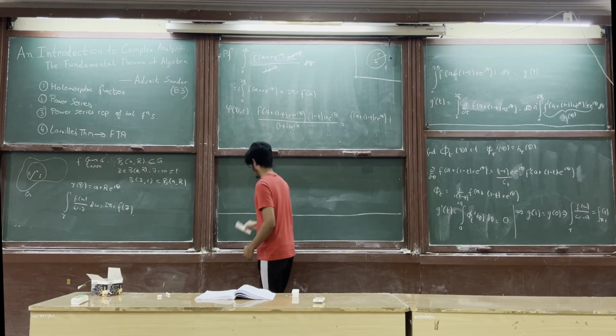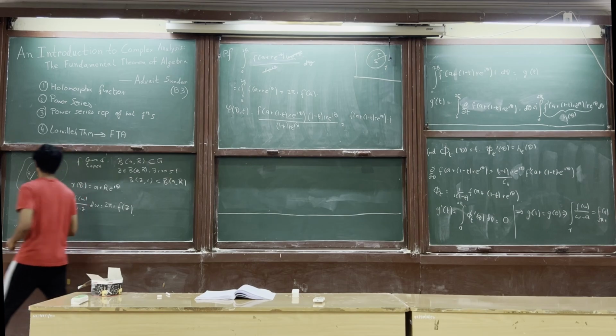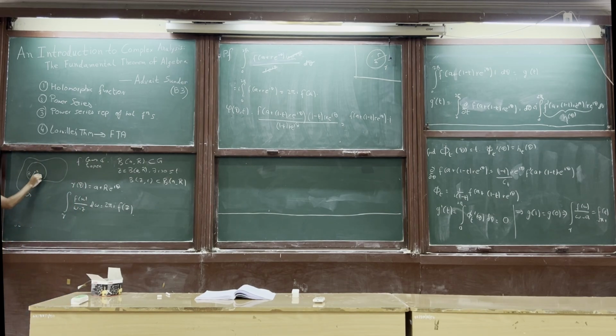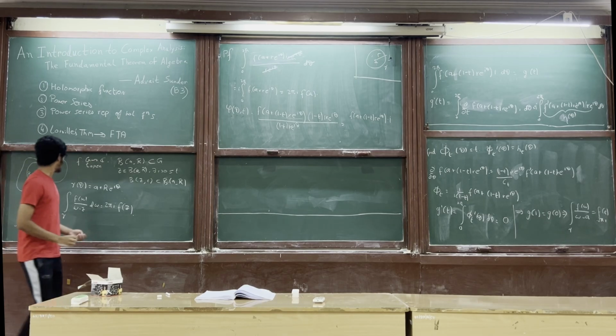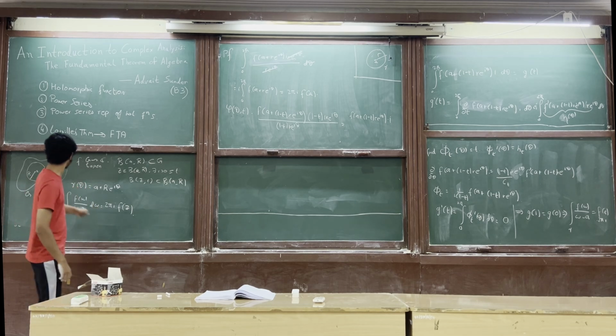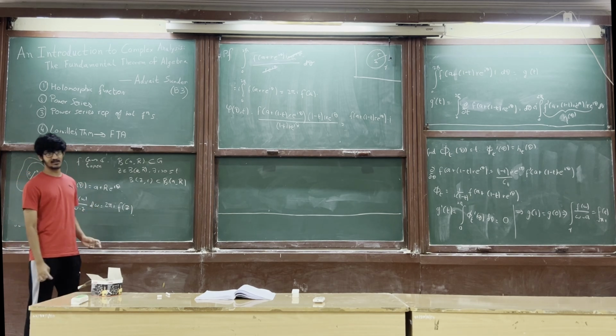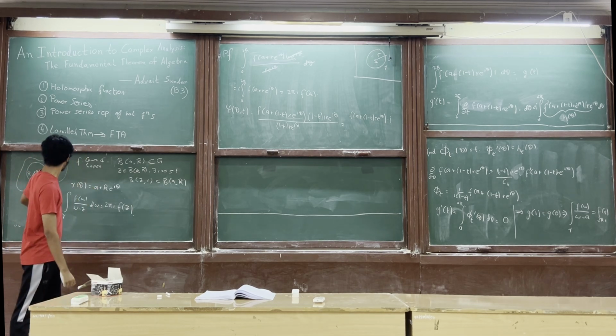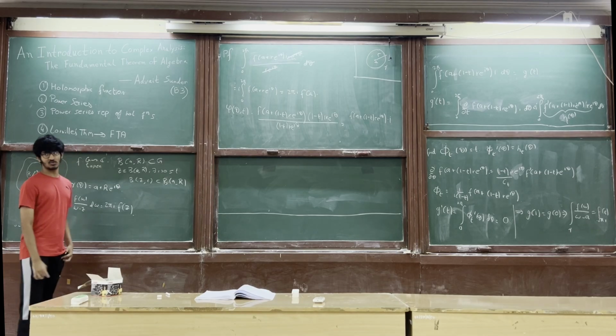And the idea remains the same. You start with a circle of radius 0 at z, and then you continuously deform it to get this bigger circle, right? This act of deformation, for those who don't know, is called a homotopy, and you basically want to show that this integral is homotopy invariant.